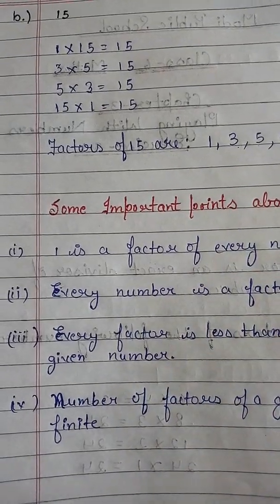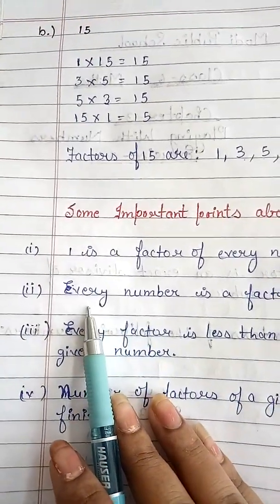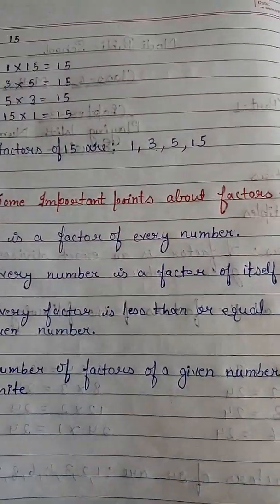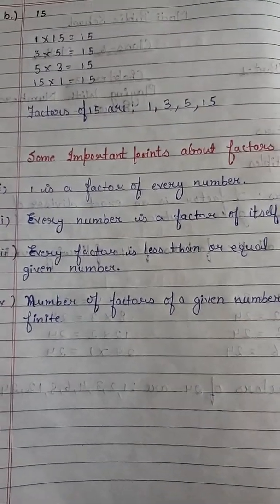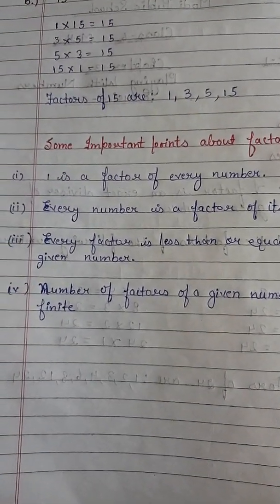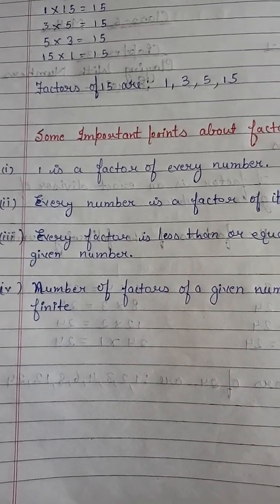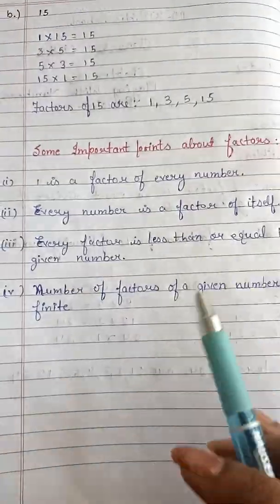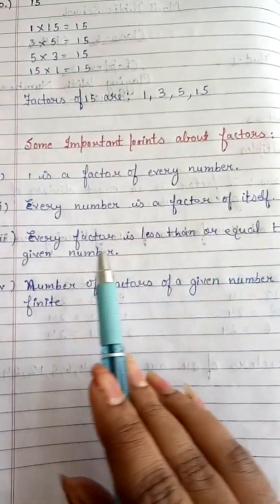The second point is that every number is a factor of itself, because every number can be divided by itself. We can divide 12 by 12, so 12 is a factor of 12. Similarly, 5 can be divided by 5, so 5 is a factor of itself.